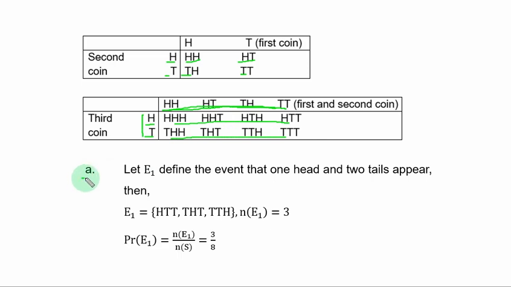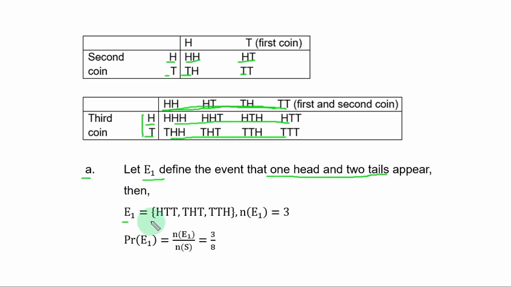Let's go to the A part of the question. You are asked to find the probability that one head and two tails appear. Let's use E1 to define the event that one head and two tails appear. What you do is go to the sample space and locate the sample points with one head and two tails.